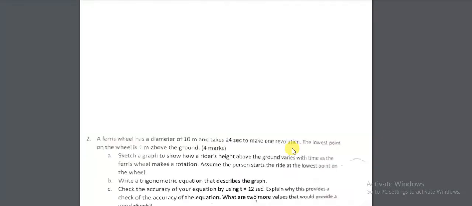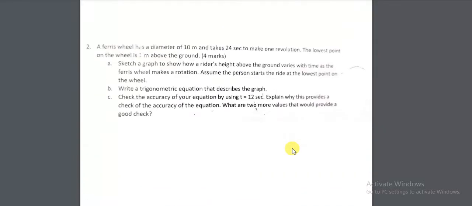Our next question is: a Ferris wheel has a diameter of 10 meters and takes 24 seconds to make one revolution. The lowest point on the wheel is 1 meter above the ground. Given the diameter, the radius would be 5 meters, and 24 seconds is taken to complete one revolution.